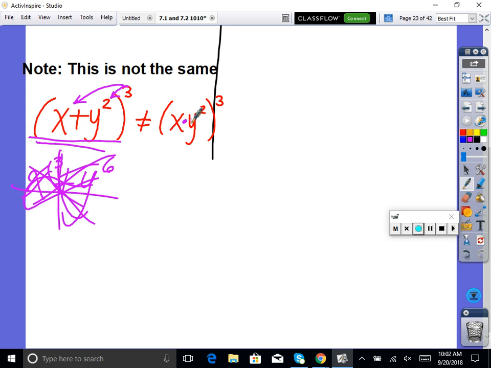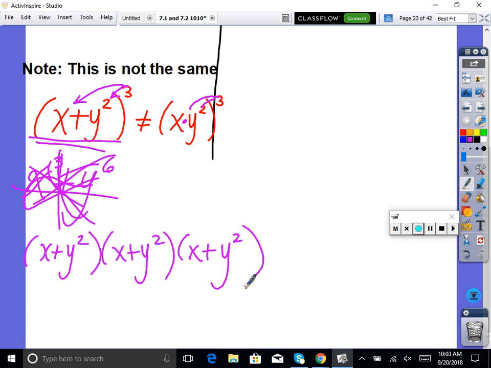But this has a multiplication sign, so it would be appropriate to distribute. Wait, why? The addition sign. So what this actually means is x plus y squared times x plus y squared times x plus y squared. Now I promise if you were to distribute that out, it will not come out to be x cubed plus y to the 6th. Does that make sense? Yes. Okay. So we would have to do all that.